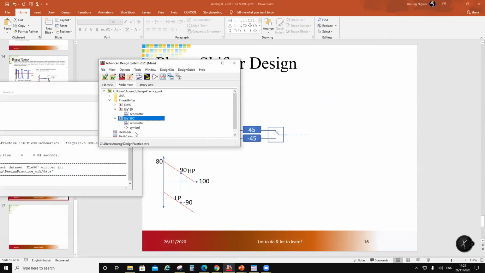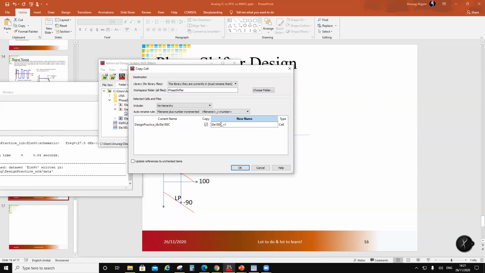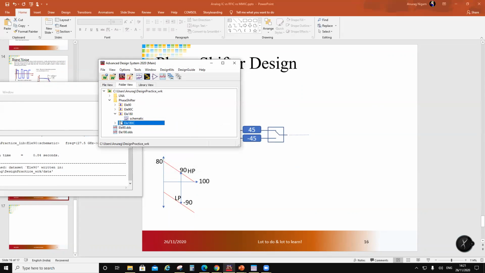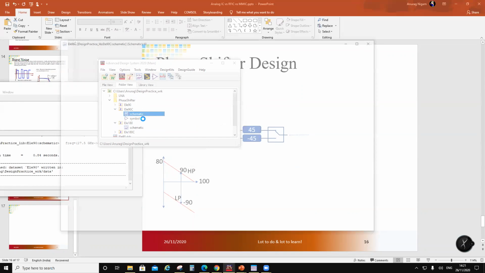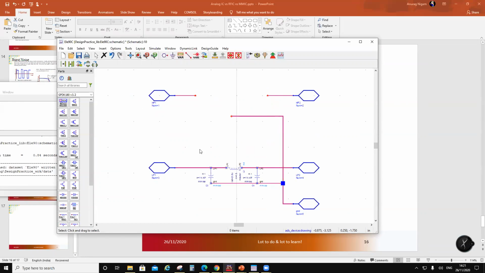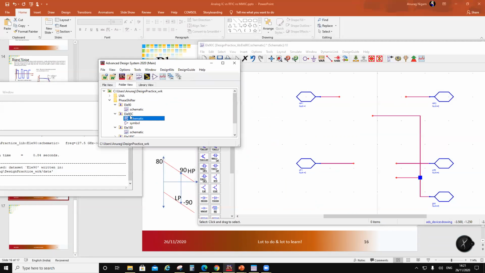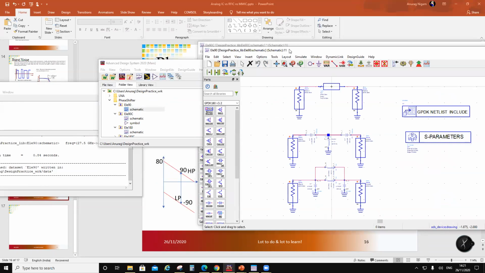Now, what is next? I'll have to make a symbol for this one, right? So what I'll do is copy this, copy cell to 90C. Okay, done. And in this 90C, I have to replace these guys. So to replace them, I will go to 90 and pick up those from there.